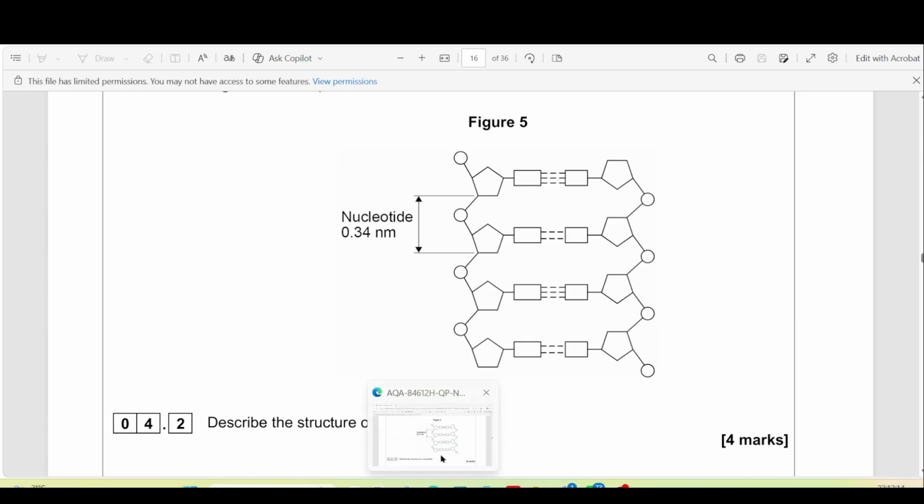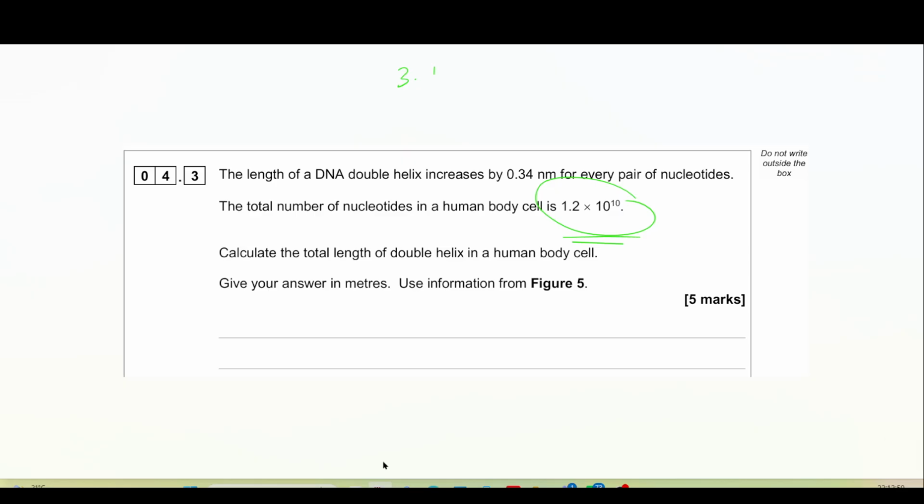Let me go back to the question. So do I divide by 10 to the power of 9? Yes, you have to divide by 10 to the power of 9. So 0.34 divided by 10 to the power of 9 equals 3.4 times 10 to the power of minus 10 meters.